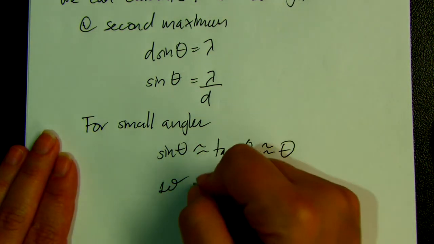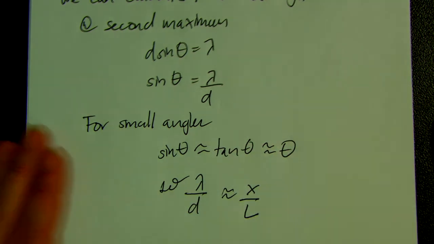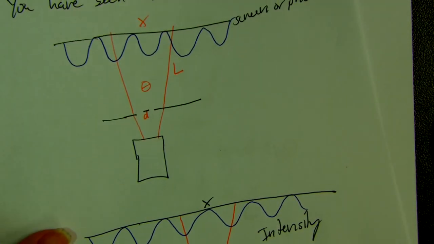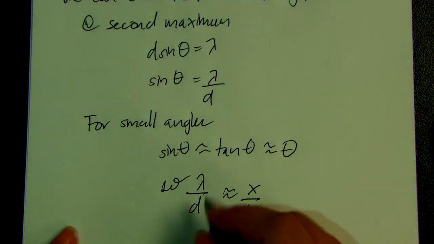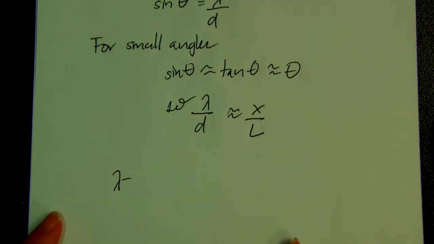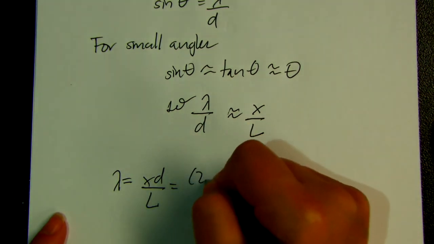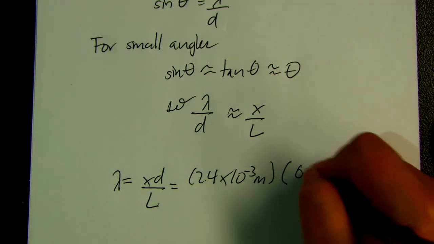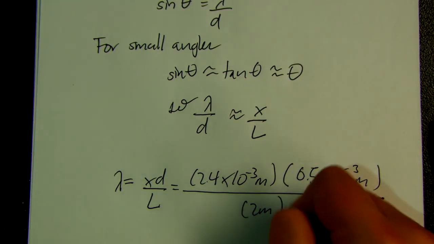So lambda over d is approximately x over L. Therefore, lambda is equal to x d over L, which is 2.4 times 10 to the minus 3 meters, we want to get everything into the same units, 0.5 times 10 to the minus 3 meters divided by 2 meters.